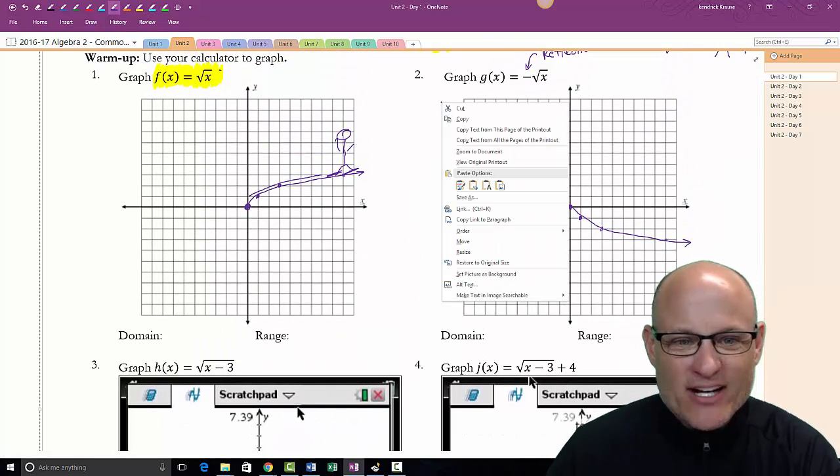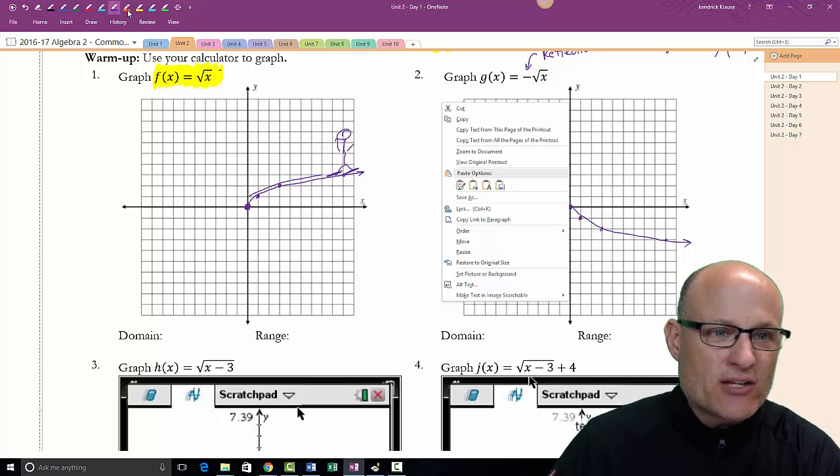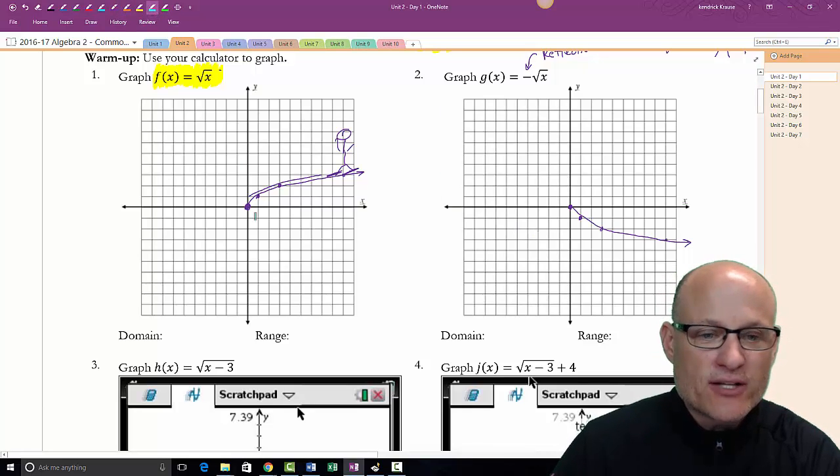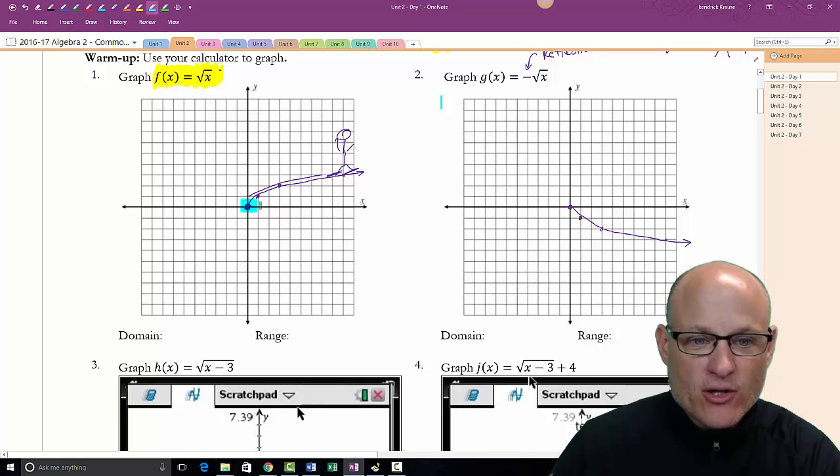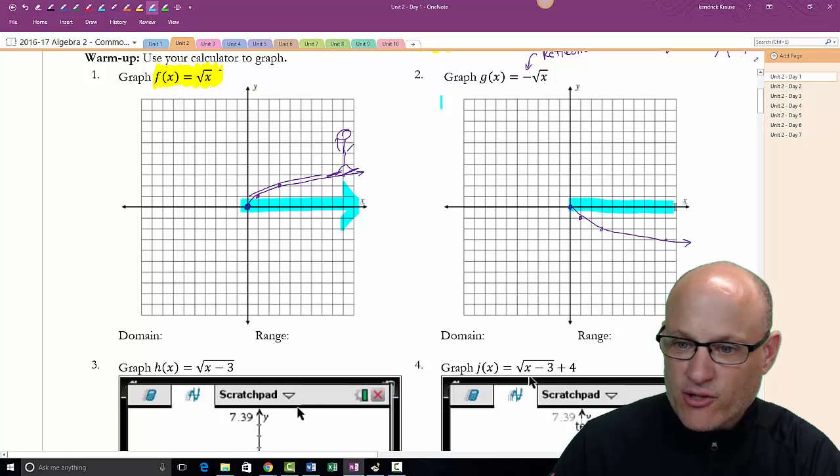So the domain are all of the x values. Well, the x values are going to start right here, and they're going to go forever and ever in that direction. The x values here are going to start at 0 and go forever and ever in that direction.